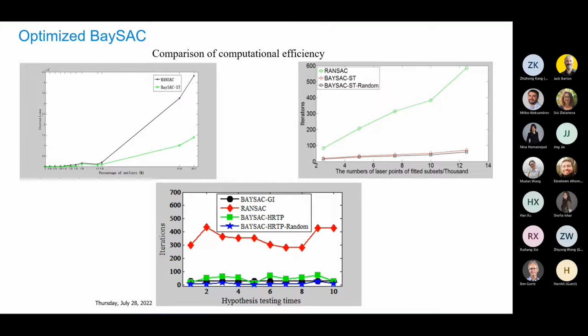By comparing with RANSAC, we found if the point cloud contains many more outliers, we see a much higher improvement in efficiency compared with RANSAC, which means our algorithm can be very applicable for different applications.